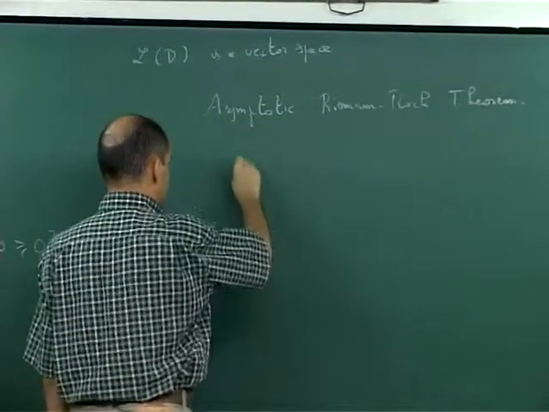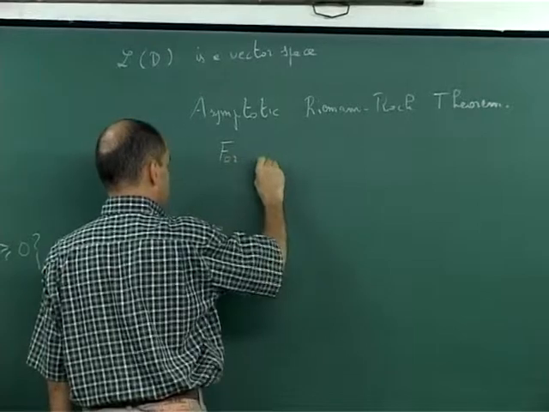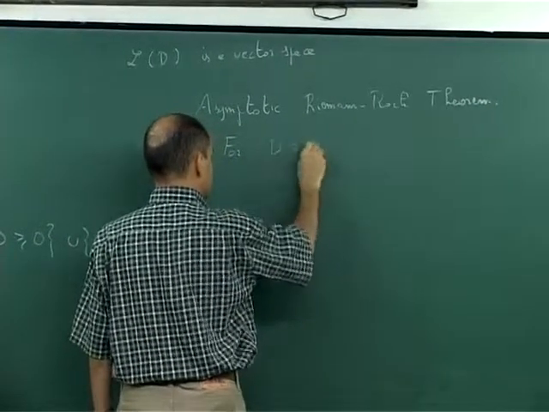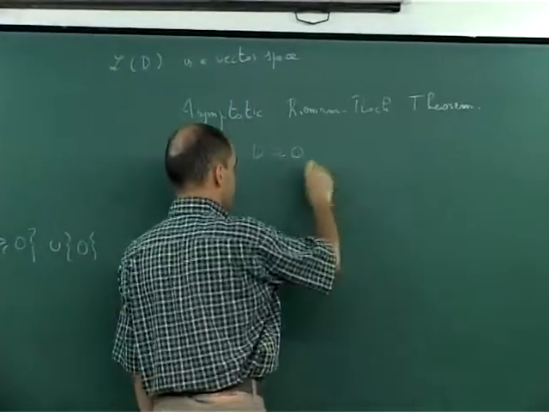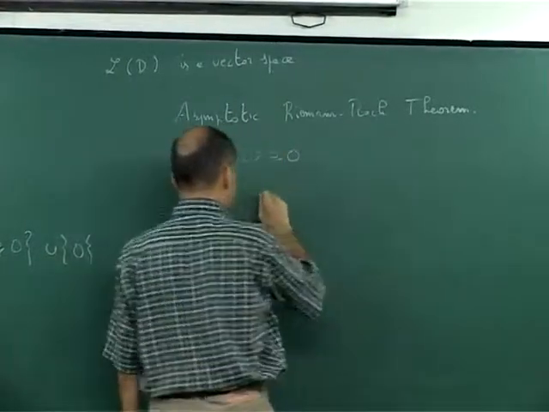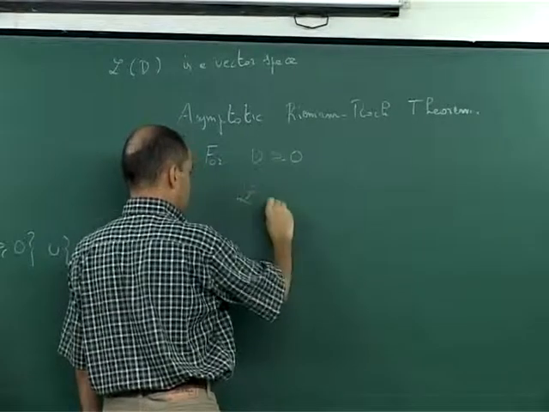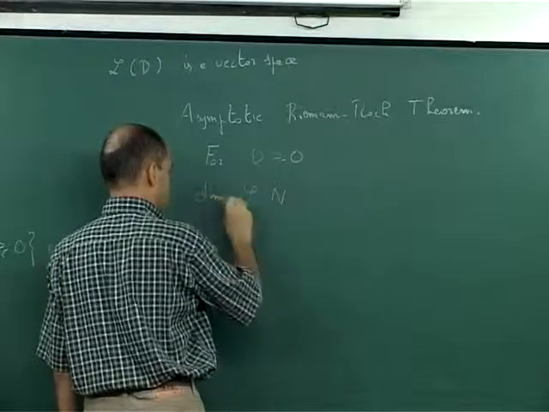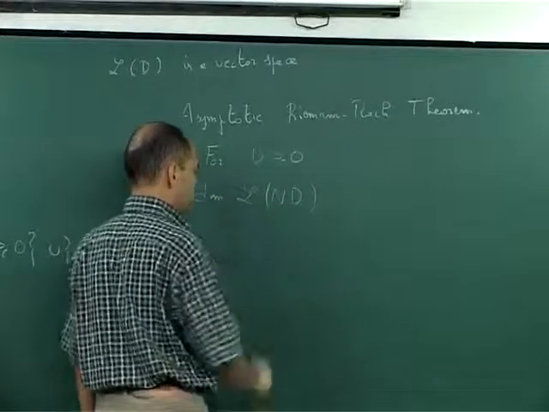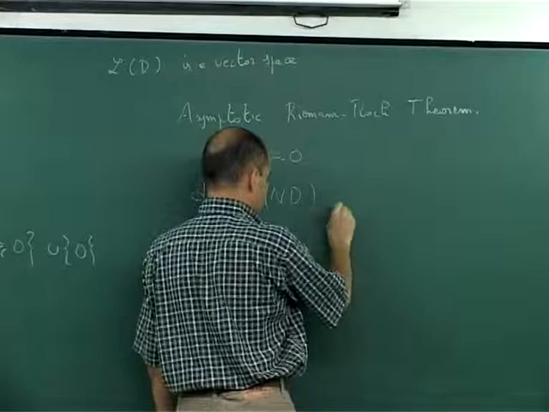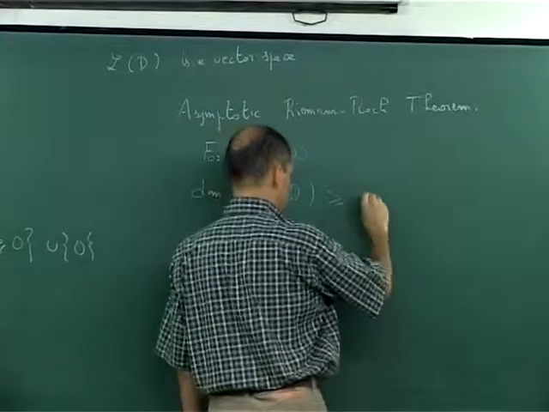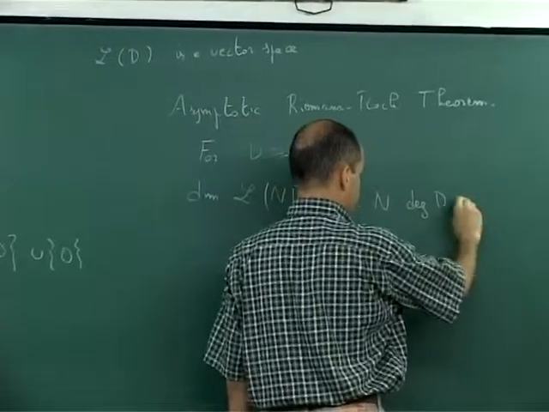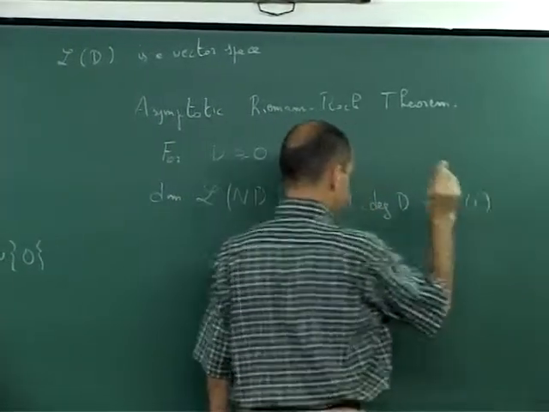It's that for D positive, we have that the dimension of L of nD is at least n times degree of D plus big O of 1.